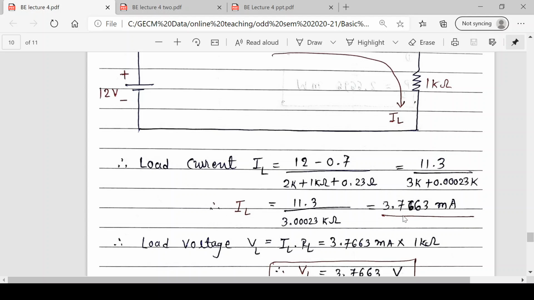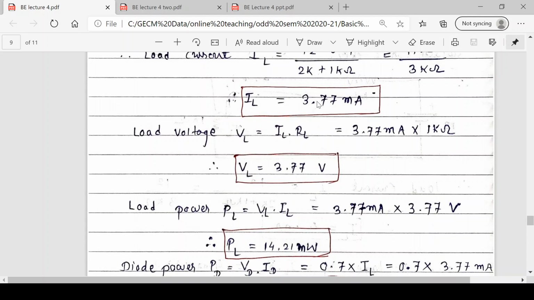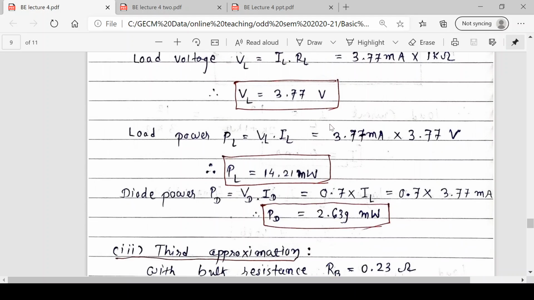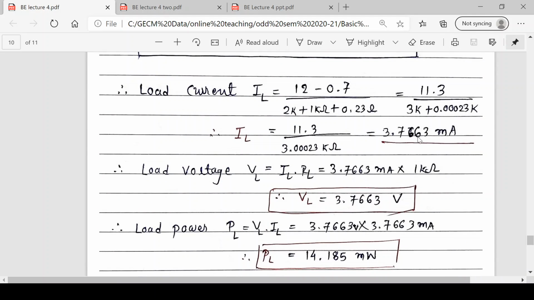So your load current will be 3.7663 milliampere. Earlier it was 3.77 milliampere. Now it is 3.7663 milliampere. So it is more detailed now. It is a perfect answer.